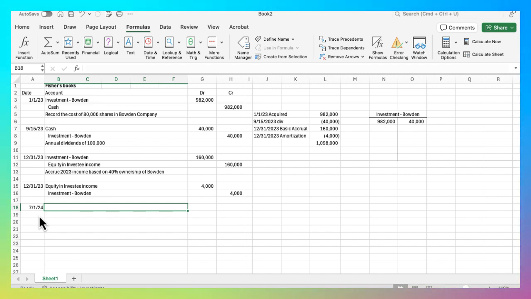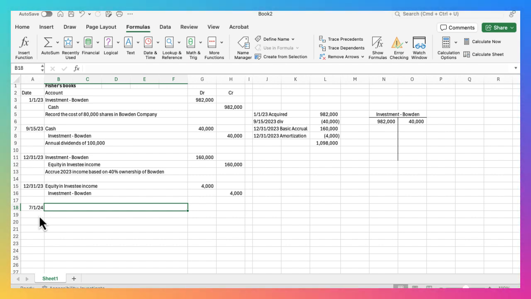Let's not worry about the calculation yet, the journal entry, which is very important to know conceptually, not just being able to do it, but also being able to explain it: whenever an investee reports net income, that investor needs to report their percentage in ownership and equity, and they need to increase their asset, which is that investment in Bowdoin, right?